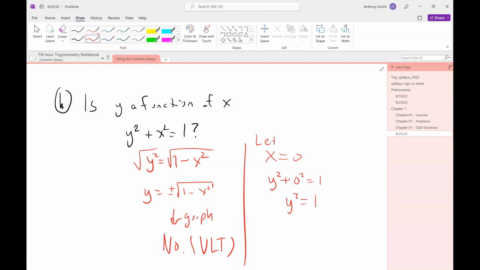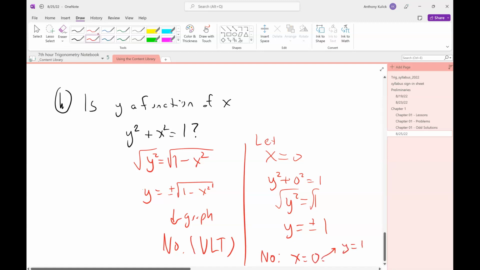So y squared would be 1. We square root both sides. 2 y values. So no, because x equals 0 goes to y equals 1 and to y equals negative 1.